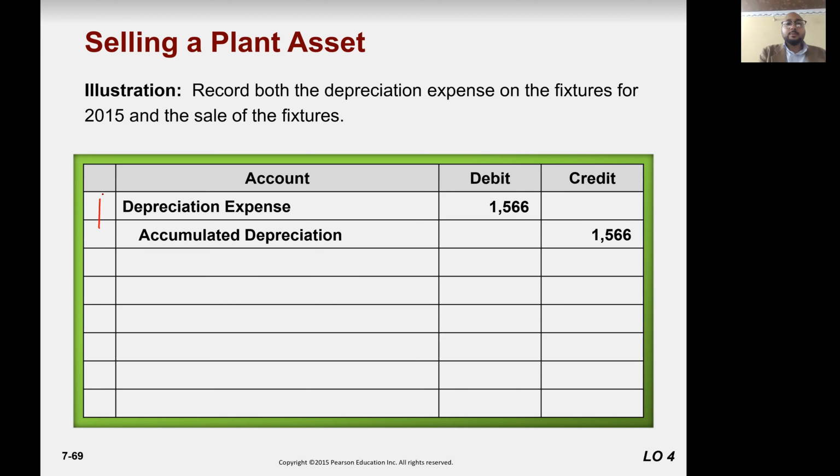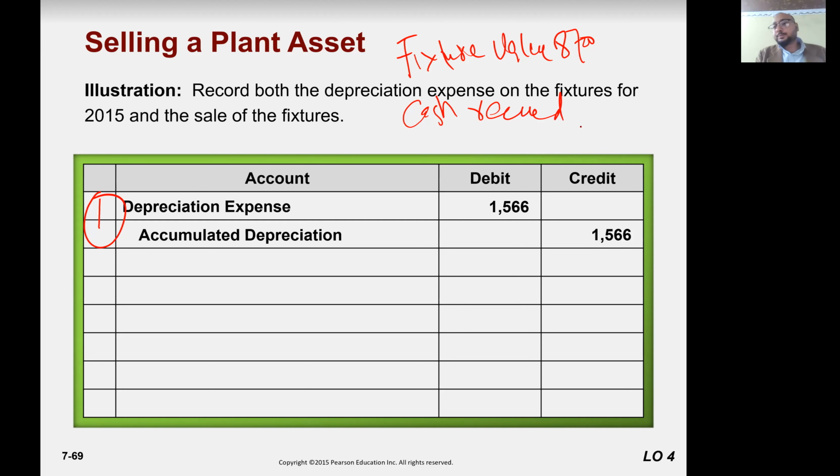So depreciation expense, we have done it. So what is the asset fixture value? 8,700. All right. Cash received 2,600.